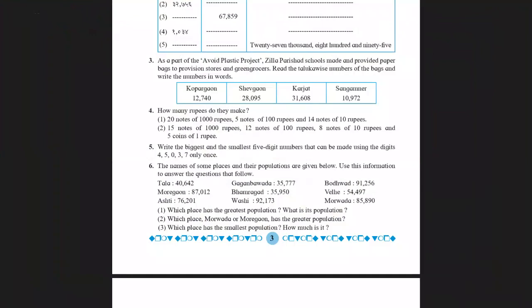Now, for example, the first one, Tala, 40,642. Moregaon, 87,012. Ashti, 76,201. Gagan Bavda, 35,777. Bhamragad, 35,950. Vashi, 92,173.